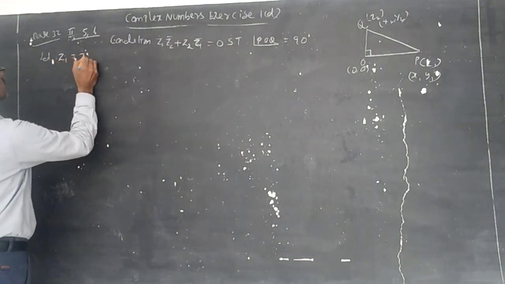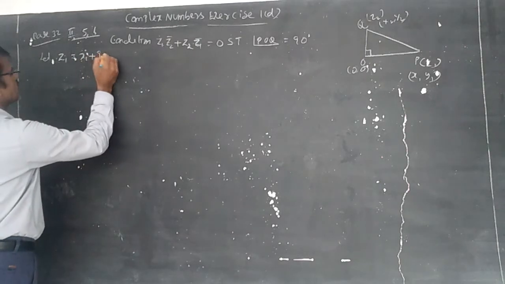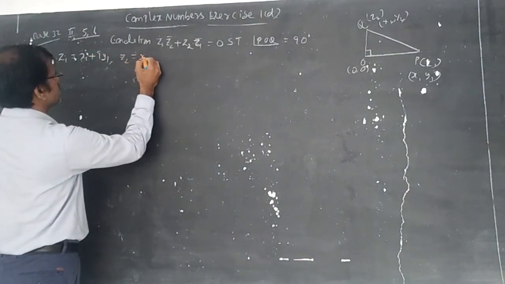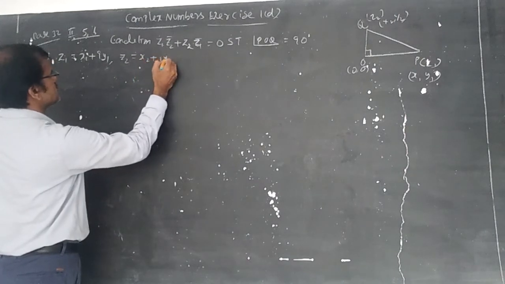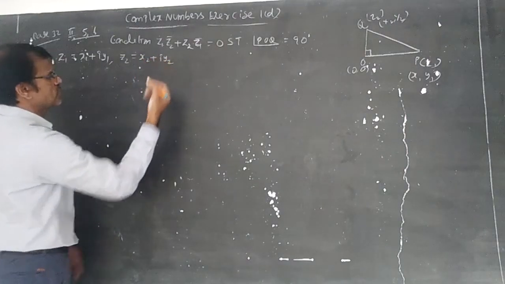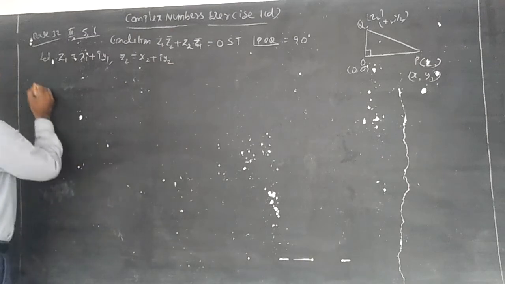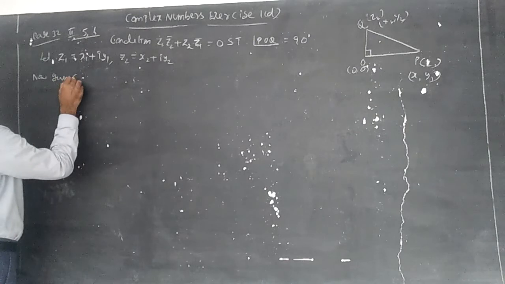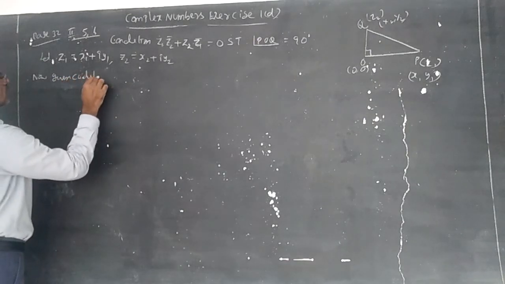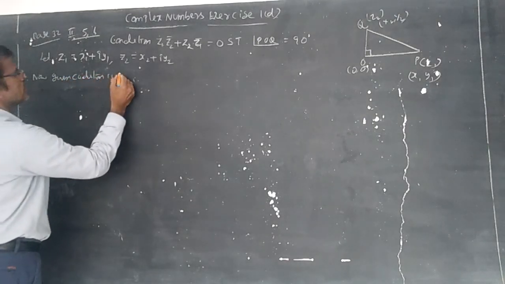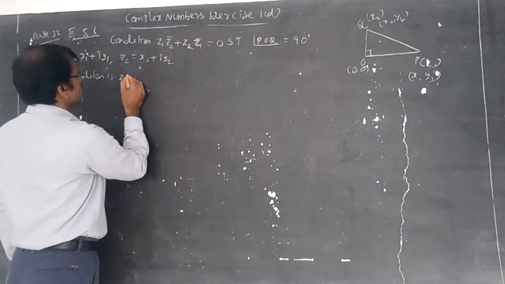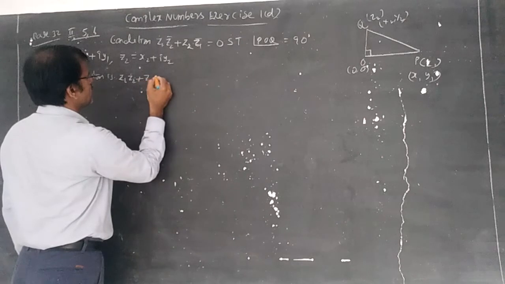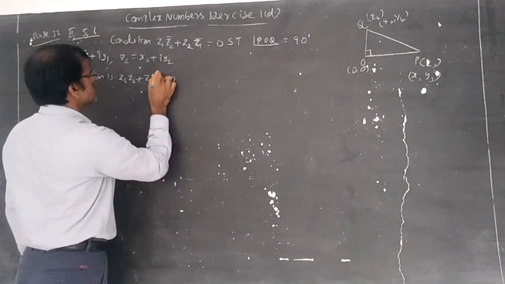Z1 is equal to x1 plus i y1 and Z2 is equal to x2 plus i y2. Directly you can write it as given. Now the given condition is Z1 Z2 bar plus Z2 Z1 bar equal to 0.